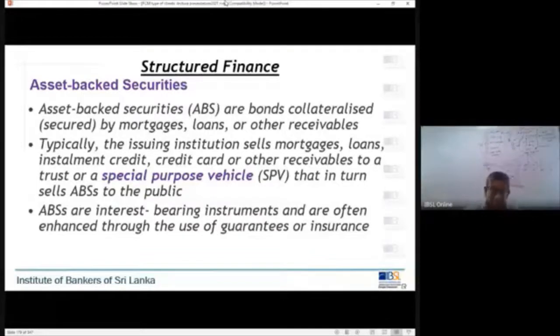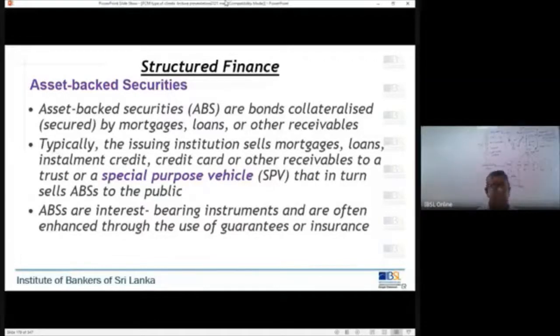It was at one time a very famous instrument in the USA, and it is one of the reasons why the financial crisis took place. You are supposed to teach all these things. Structured finance is one of the reasons why the financial crisis took place.